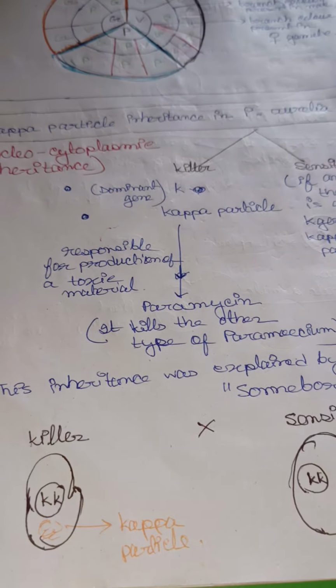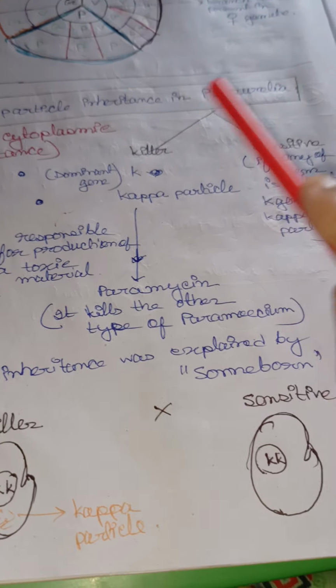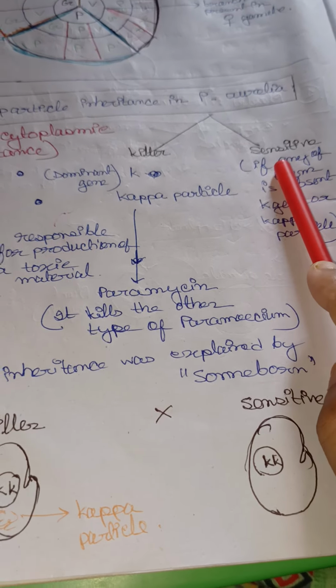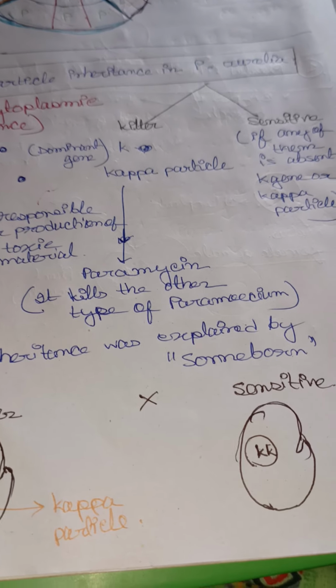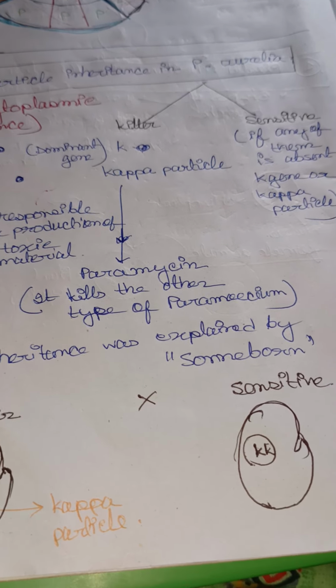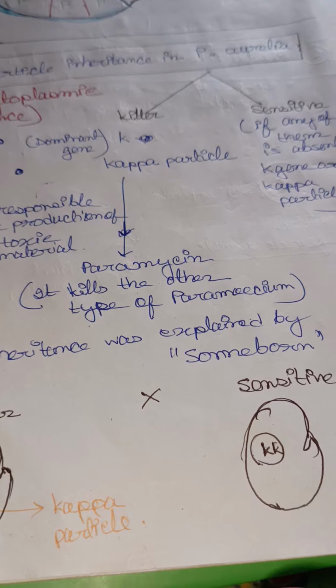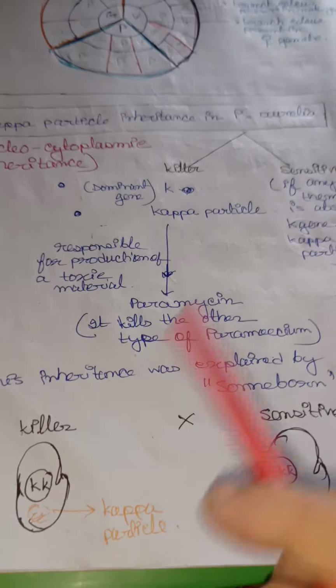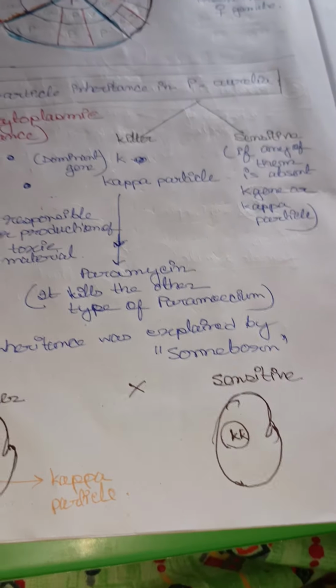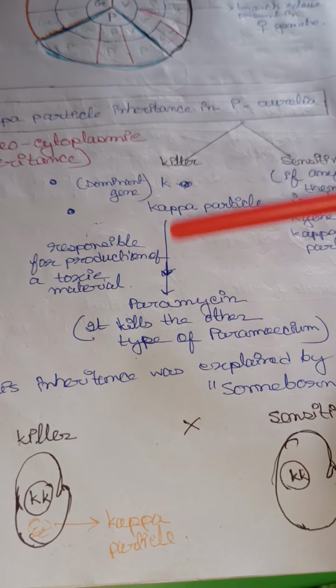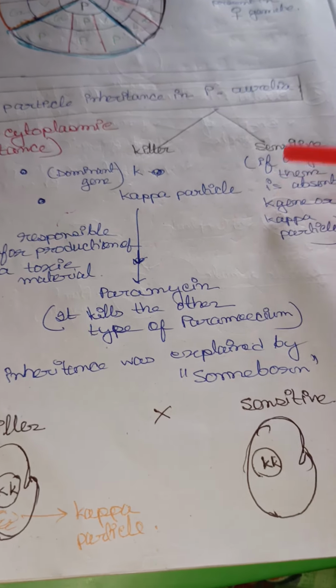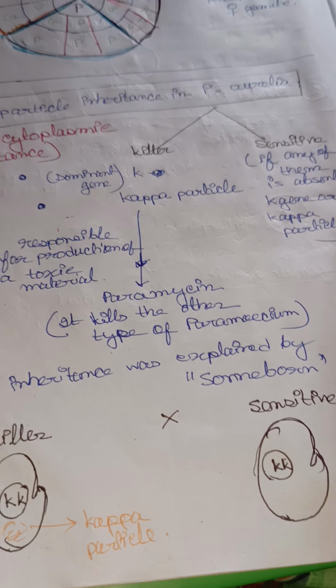Now we will see what happens when a killer and a sensitive paramecium cross. In nature, remember, the sensitive paramecium does not exist. Why? Because naturally the killer strain produces paramycin, and this paramycin digests the sensitive paramecium.